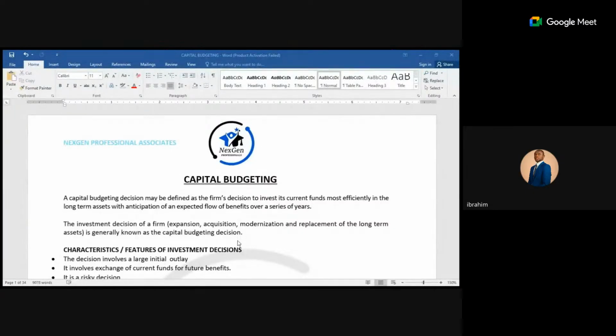Now, as a financial planner or as a financial analyst or as a portfolio manager, as the case may be, a capital budget decision is the firm's decision to invest its current funds most efficiently in long-term assets, with the anticipation of an expected flow of benefits over a series of years.